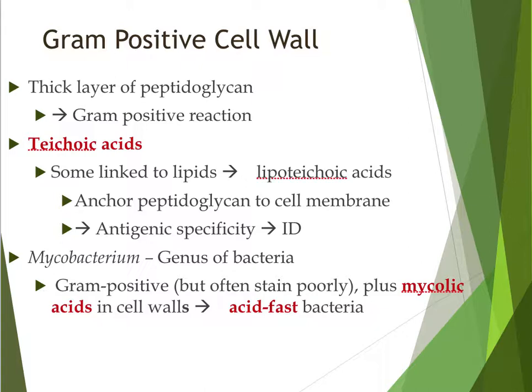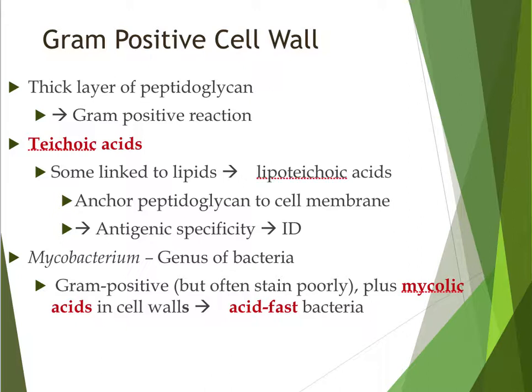Some of those teichoic acids are linked to lipids, and they are therefore called lipoteichoic acids. The lipoteichoic acids anchor the peptidoglycan of the cell wall to the cell membrane. We also are able to use those to identify different organisms.